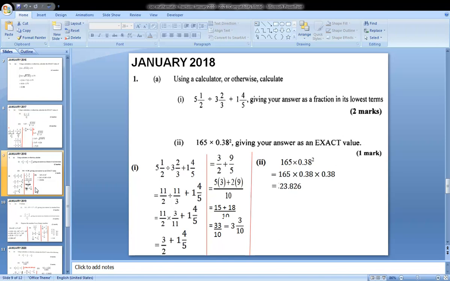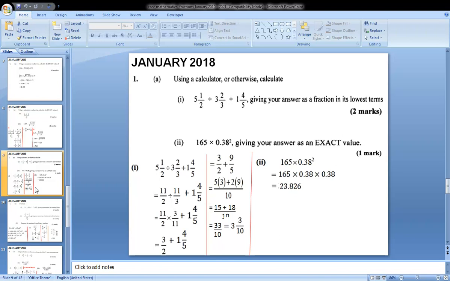Let's go to the second part of the question. And this is easy. You just get 1 mark for this. It says 165 times, or multiply, 0.38 squared, giving your answer as an exact value. 165 times 0.38 times 0.38, we get, according to our calculator, 23.826.